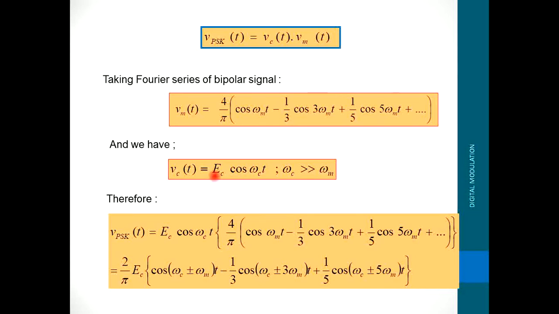So taking the Fourier series of the bipolar signal, we have VM(t).